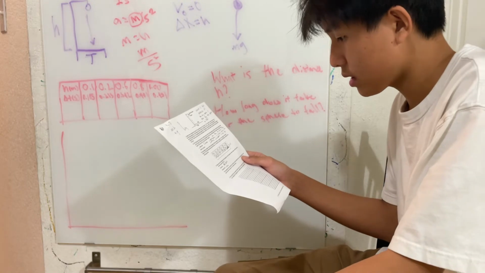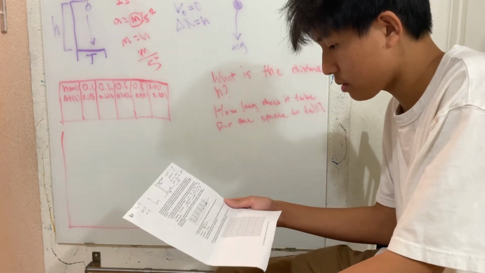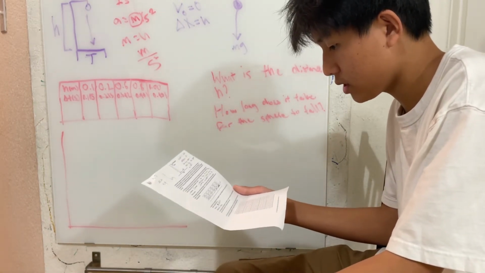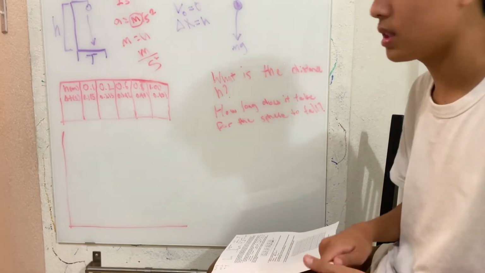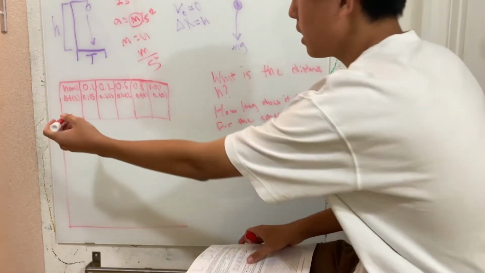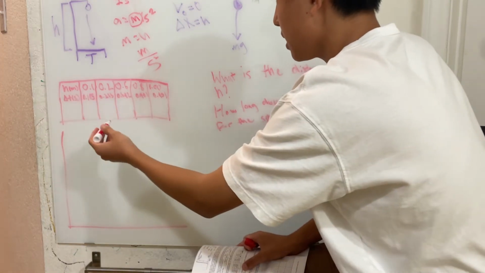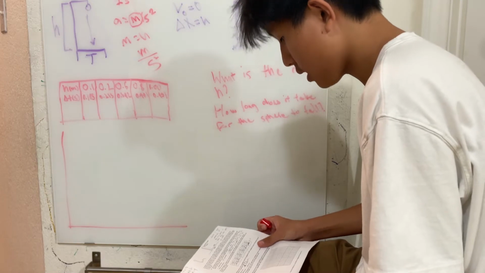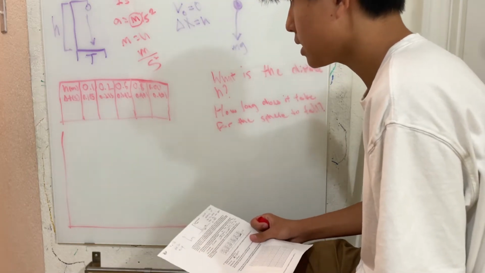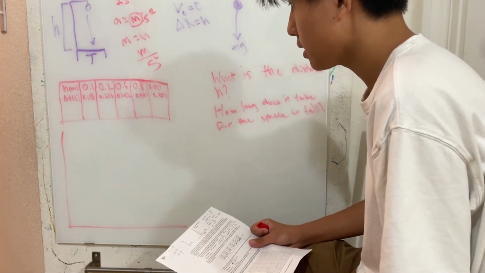Indicate below which quantity should be graphed to yield a straight line whose slope could be used to calculate a numerical value for g. Might not be clear in the camera, but here are all the values listed for the varying delta h's and the delta t's.